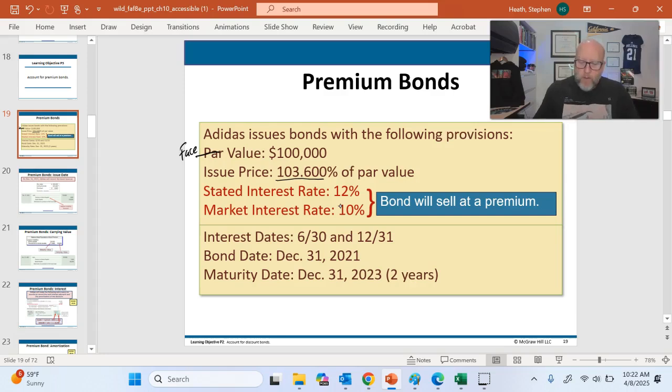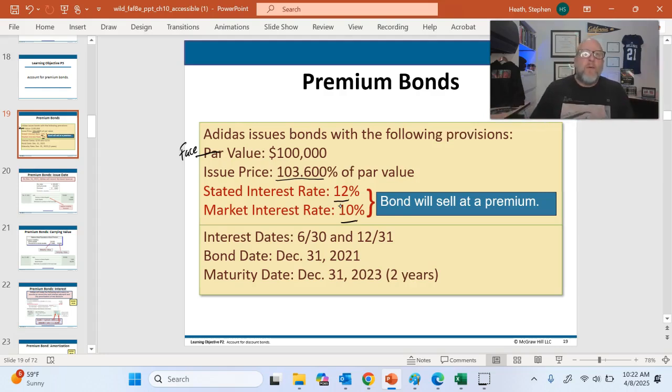We are offering a stated rate of 12%, whereas the market is offering 10%. So we're paying more interest than everybody else, so we're going to have a ton of demand. And since we have so much demand, we can afford to increase the price. The way that we determine how we increase the price, we will learn in another video.